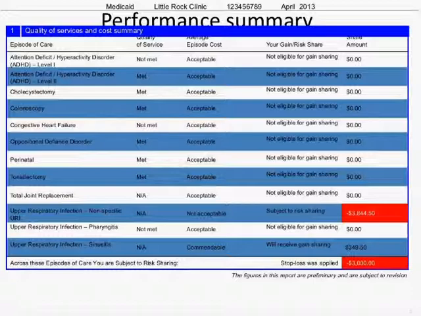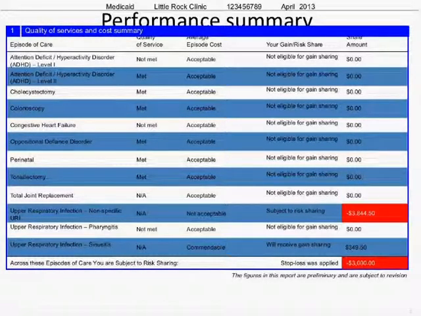Then you will have your gain and your risk sharing column. This will show whether you are eligible for gain sharing, will receive gain sharing, or will be subject to risk sharing. The last column will show the amount. If you are subject to risk sharing, it will be highlighted in red.